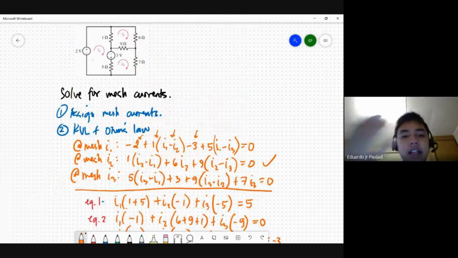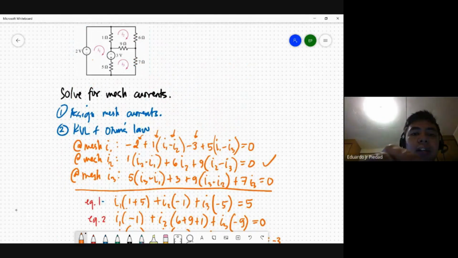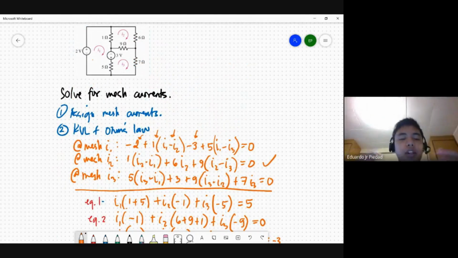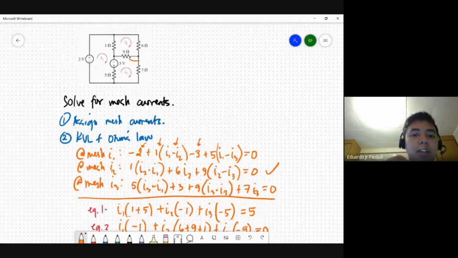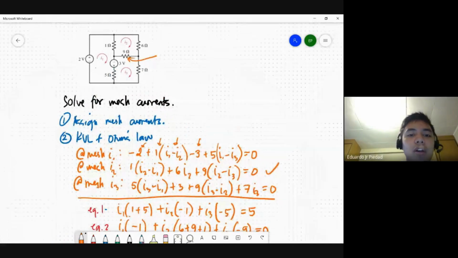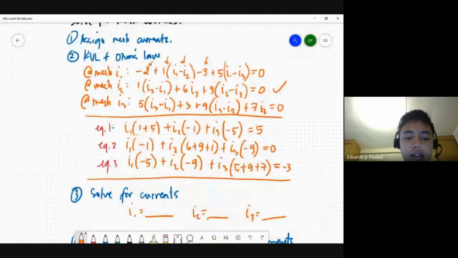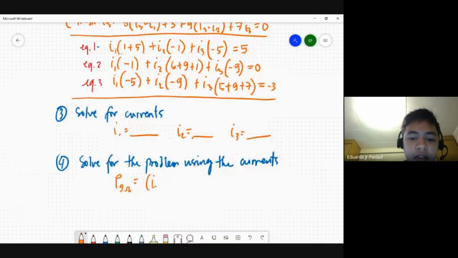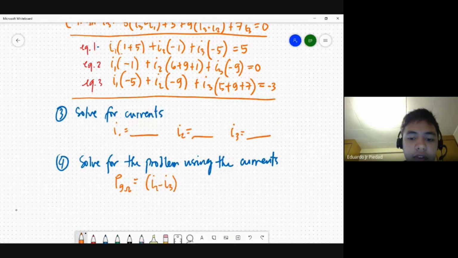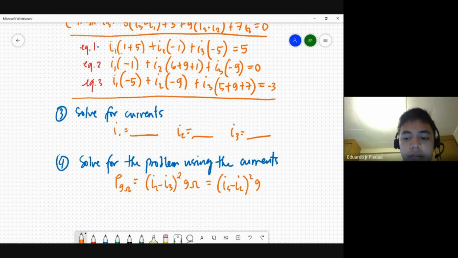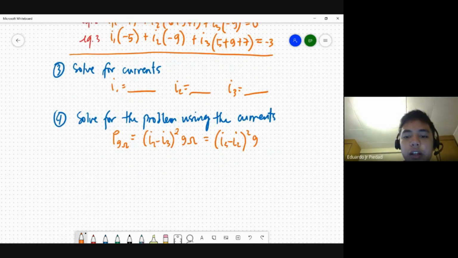Power is regardless of the direction of the current, as long as it is passive. So you have 9 ohms here, then you have I2 minus I3. You can write I2 minus I3 squared times 9 ohms, or I3 minus I2 squared times 9, given the currents.